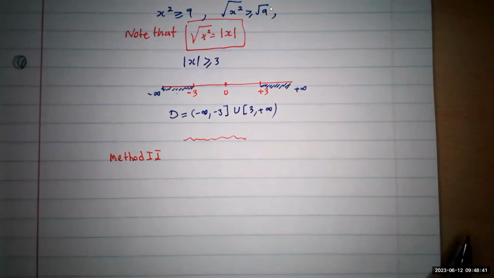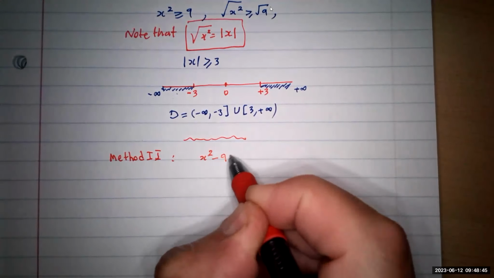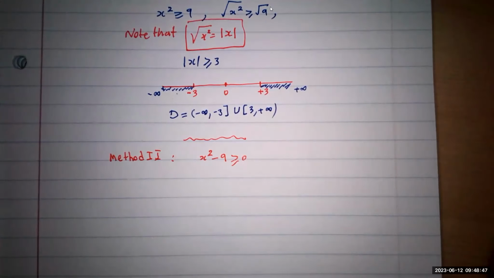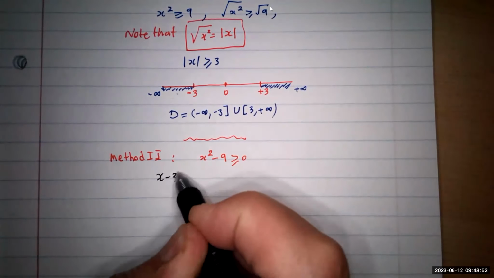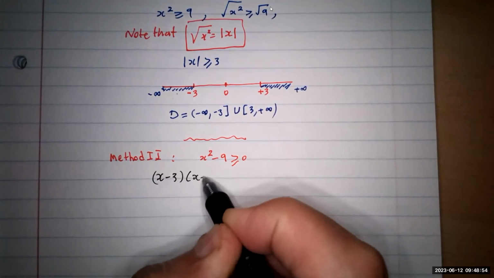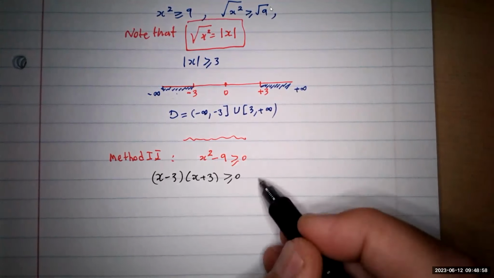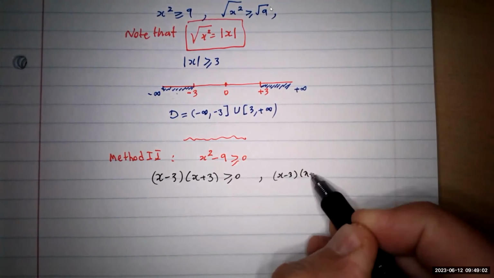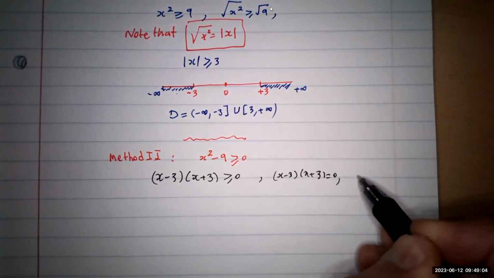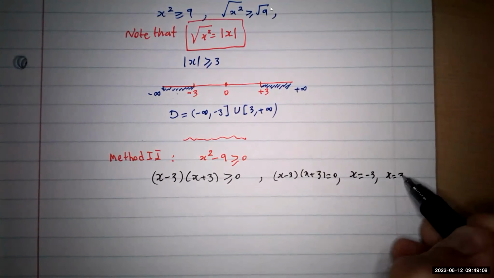It's just algebra. If you want to solve x squared minus 9 greater than or equal to 0, you use factoring. It's x minus 3 times x plus 3 greater than or equal to 0. You let it equal 0, you find some numbers, which in algebra you call boundary numbers or critical numbers. x would be negative 3 and x would be 3.